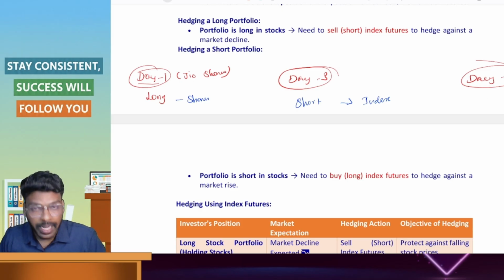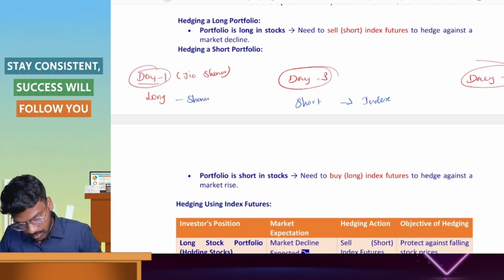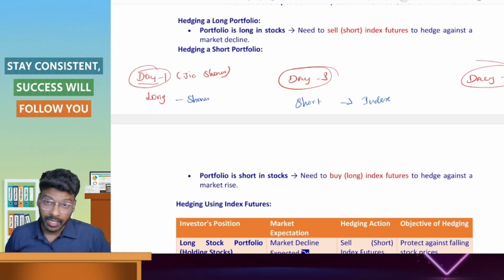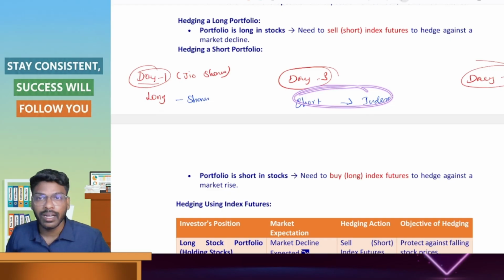I have expectation that price will decrease. On day 1, I expected that the price will increase, so I bought the long position. On day 3, I have expectation that the same price will decrease, so I go for a short position on day 3.